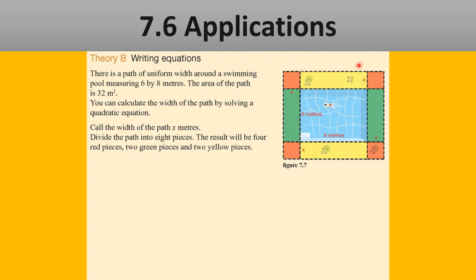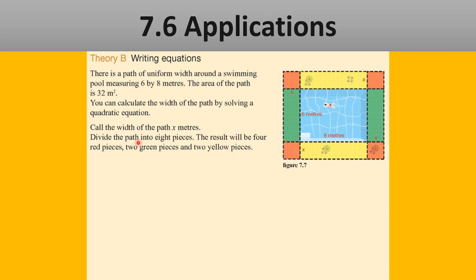Now you can divide this path that surrounds the swimming pool in different pieces. You have the corner pieces that are red, you have 4 of them. You have the 2 green pieces. And last but not least, we have the yellow pieces. Can I now say what the area is of every colored piece?